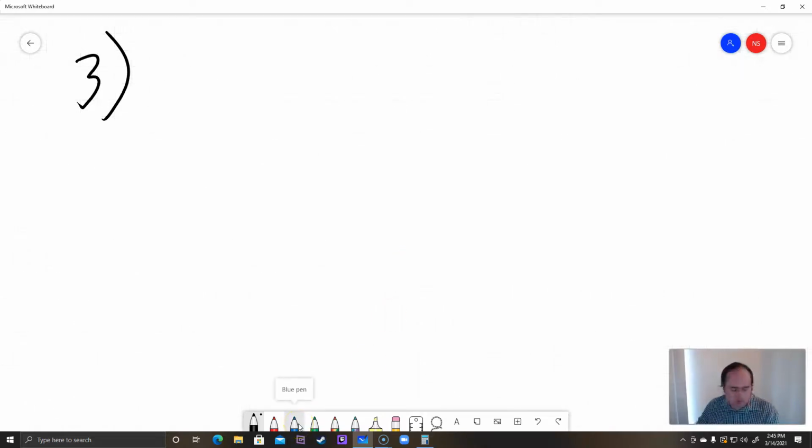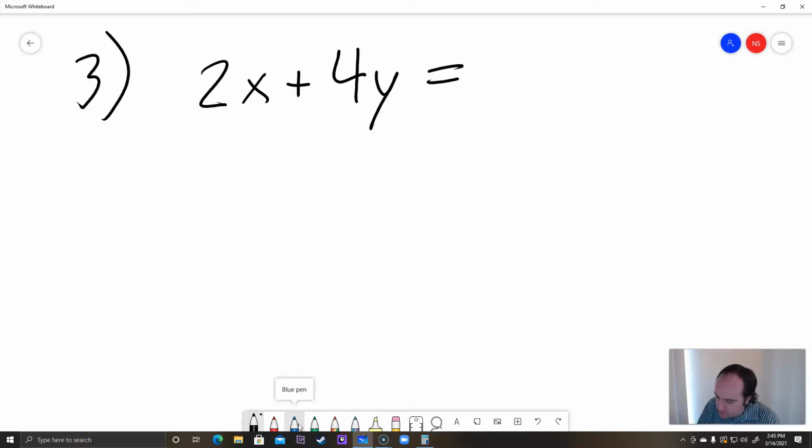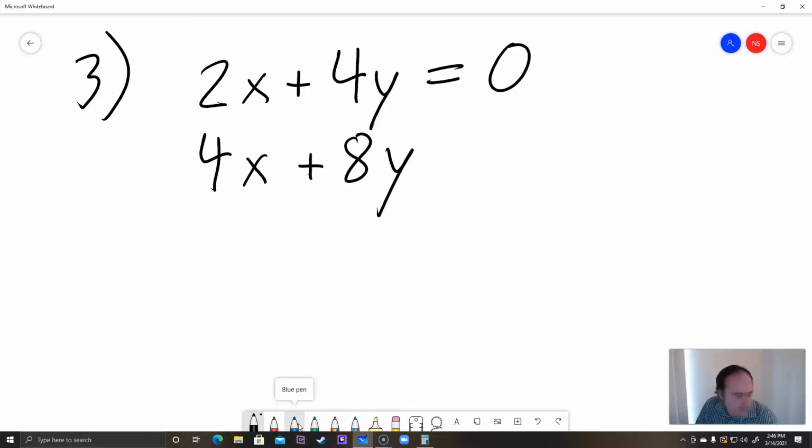What's our example number 3? Example number 3 is going to be 2x plus 4y equals 0, and then 4x plus 8y equals 1. Okay, 2x plus 4y equals 0, and 4x plus 8y equals 1.